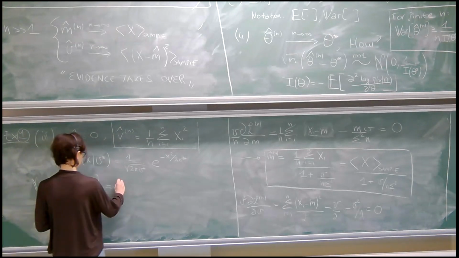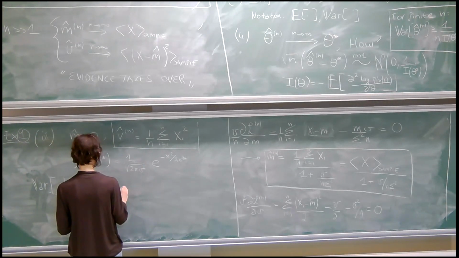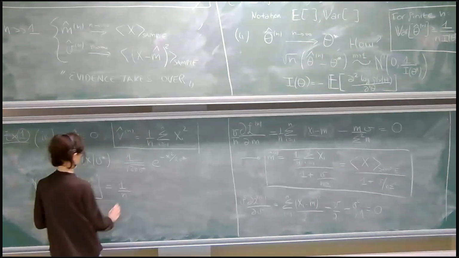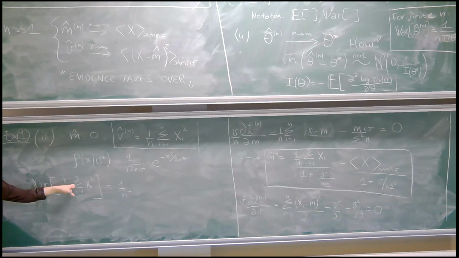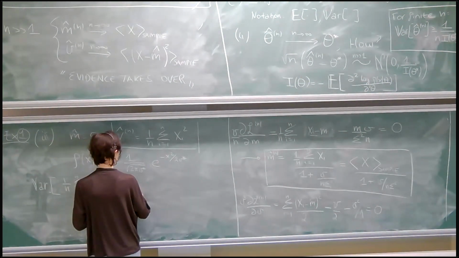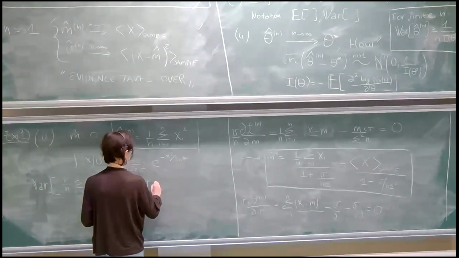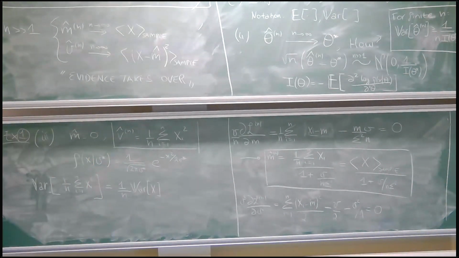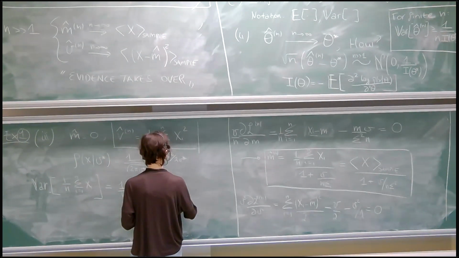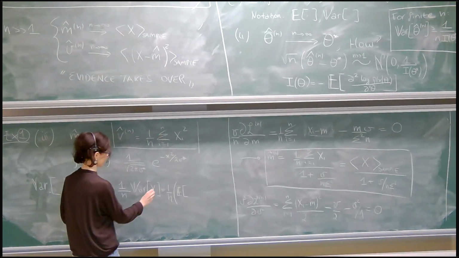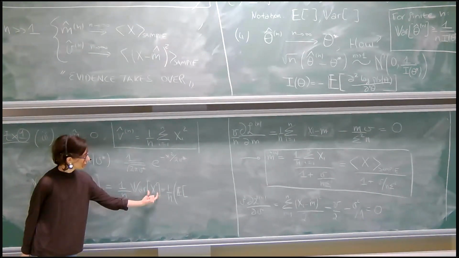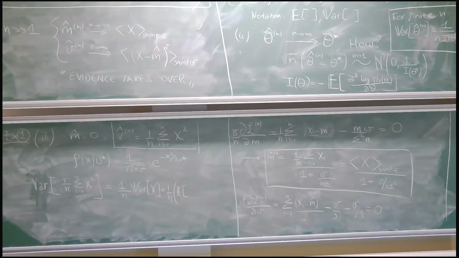So using that my distribution is Gaussian, I get 1 over n squared coming from this, and then an extra factor of n, which comes from the sum. And then I have just the variance of my random variable x squared.